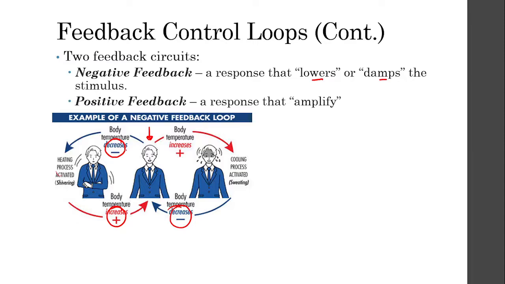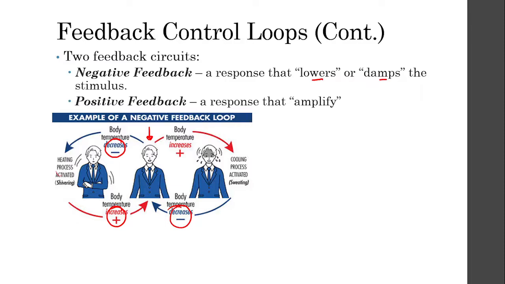So negative feedback is actually not a very good term because it doesn't always lower the stimulus. Negative feedback just means that what suddenly increases we are trying to decrease, or what suddenly decreases we are trying to increase. So that is what we call a negative feedback loop.